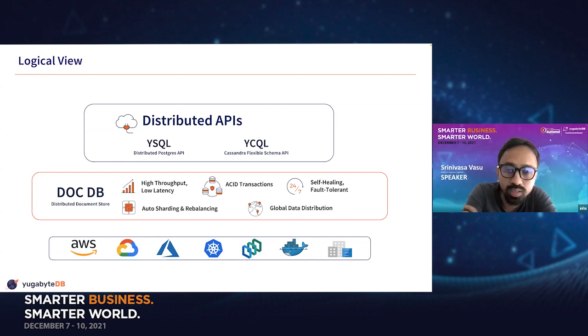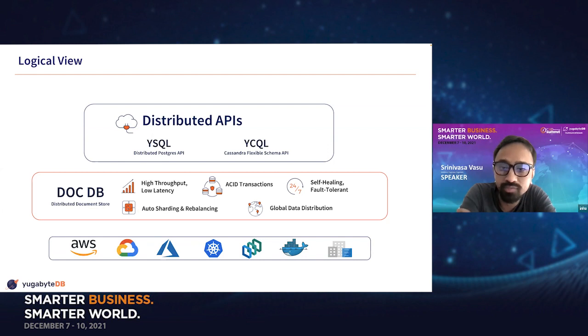And YCQL is another query layer, another API supported by Yugabyte, the Yugabyte Cassandra Query Language, which has its roots in the Cassandra API, right? This is meant for high write throughput, massive write-intensive kinds of workloads like IoT, stock tickers, and similar to those, right?